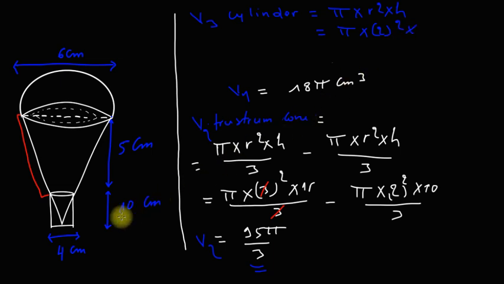The height of the cylinder is equal to 10, and this is equal to 40 pi centimeter cubed. And here you can't forget to put the unit, centimeter cubed.